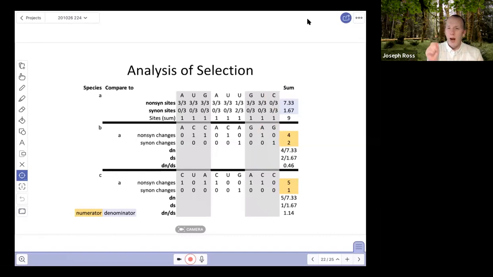But it's where the mutations are, and whether the effect of those mutations is synonymous or non-synonymous, that is important. So now let's take a look at how we interpret those dn and ds values by calculating their ratio, which we call dn/ds. That's the name of this analysis, or at least colloquially, the dn/ds analysis.